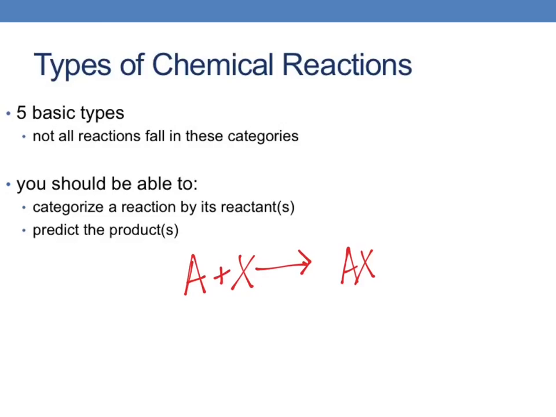If I gave you BY, by the end of today, you should be able to tell me that that breaks into B and Y. I'm just using arbitrary letters here. So I have an element and an element making something. Here I have a compound breaking into an element and an element. So that is going to be what we're focusing on today.